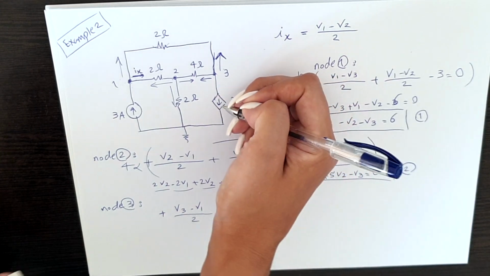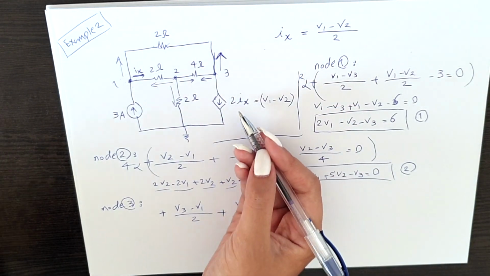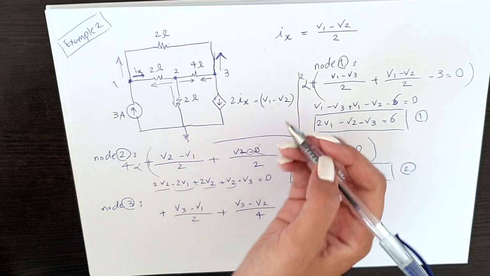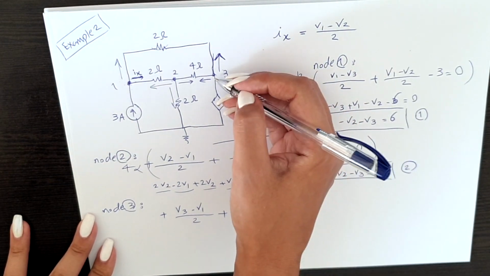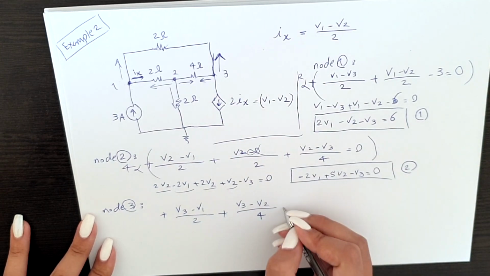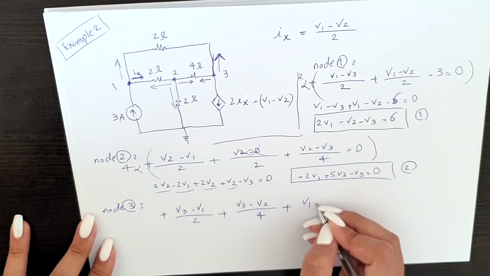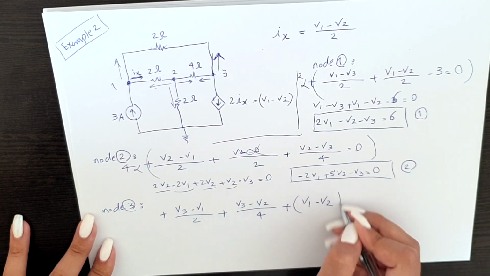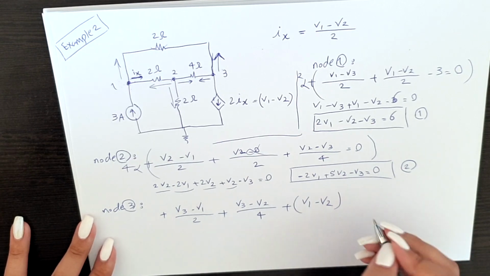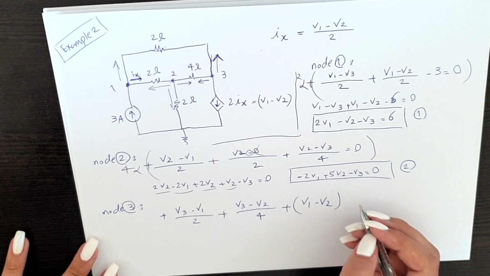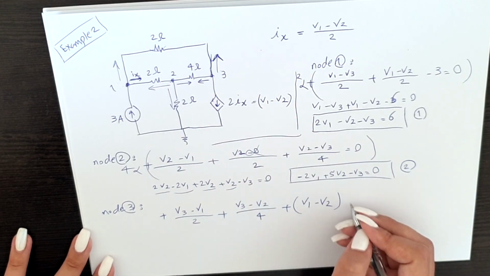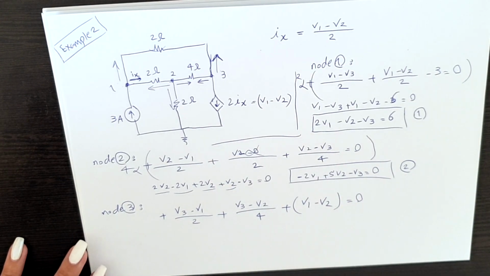And here we have a source, whose current we already know is V1 minus V2, and it's coming out of the node, so it's plus, V1 minus V2. We don't really need the parentheses here, but anyway, we're done with all 3 branches going to this node, and this is equal to 0.